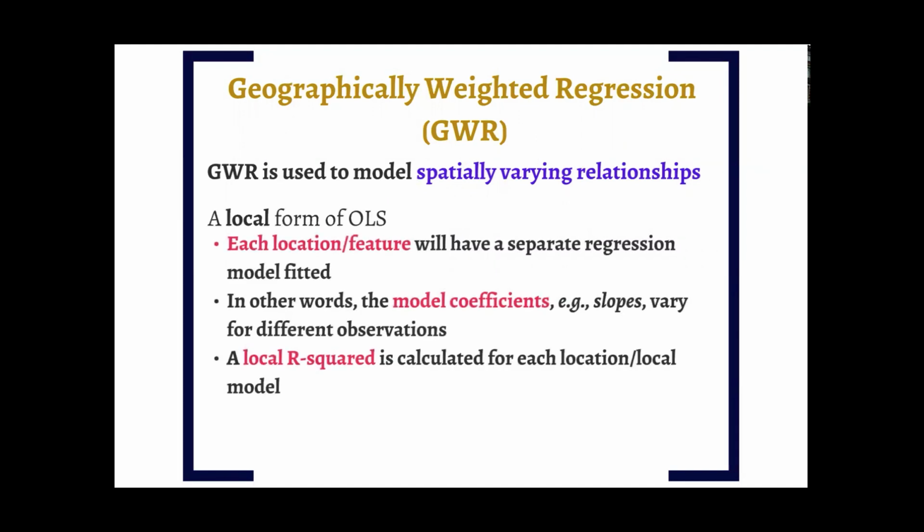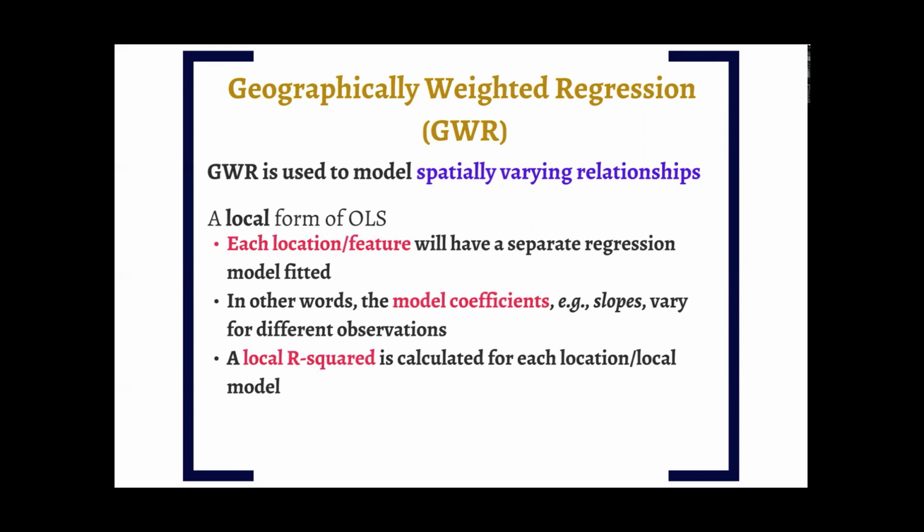For example, if you're running a regression model using the 50 states, each of the states will get a different model. That sounds complicated, but I will quickly show you what your results should look like. And there are other things we can do with this kind of analysis. So each state gets a different model.